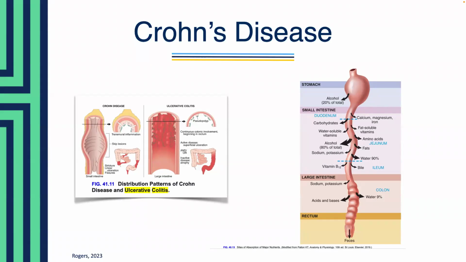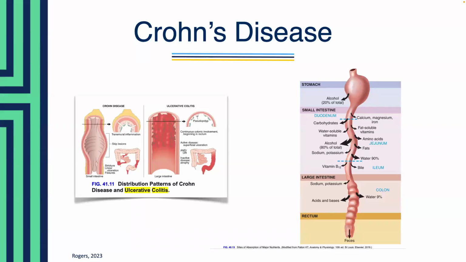Complications can include strictures, where we see the narrowing of the intestines, fistulas, where they have an abnormal connection between the organs, and then increased risk of intestinal blockages or perforations. Abscesses can form, malabsorption can be an issue as well, where the treatment does aim to reduce the inflammation, help manage those symptoms, and prevent complications from occurring.